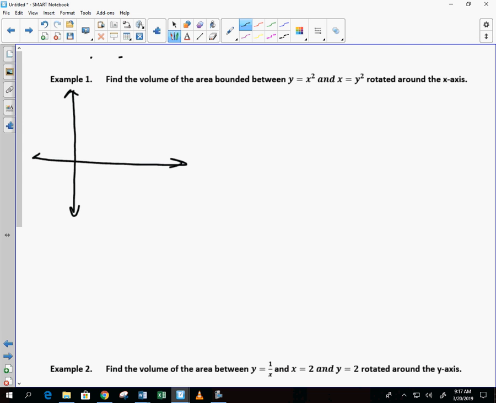So what does y equals x squared look like? X equals y squared, what does that look like? Sideways parabola. Can you see the area that's bounded between the two functions?